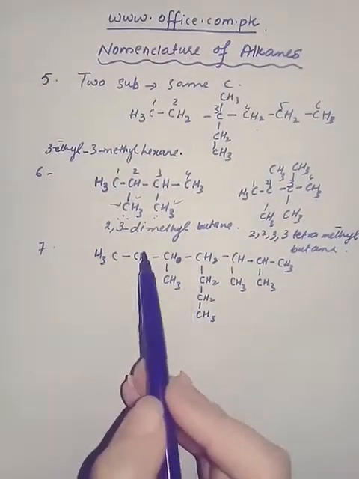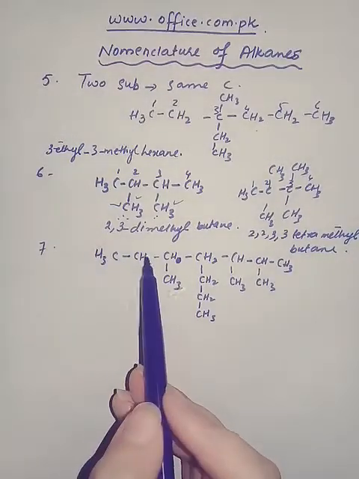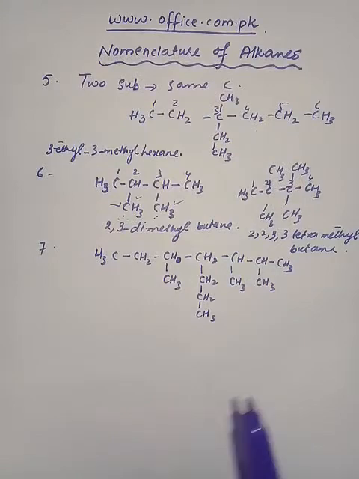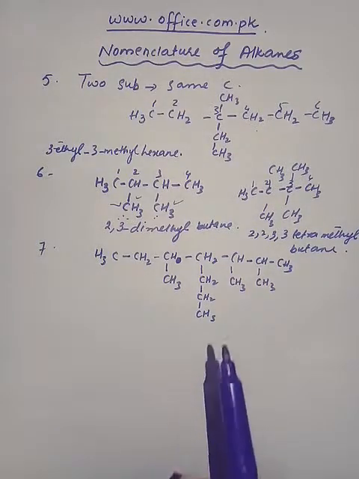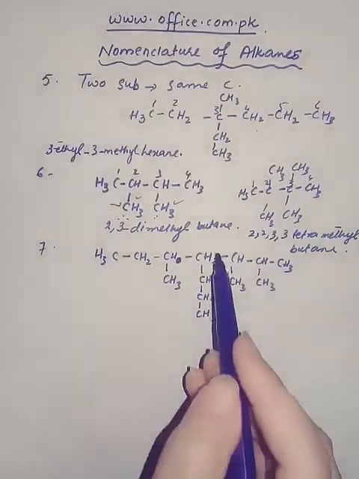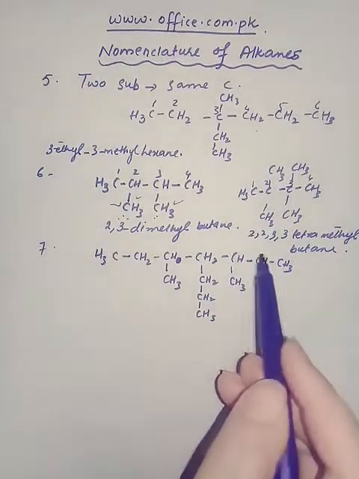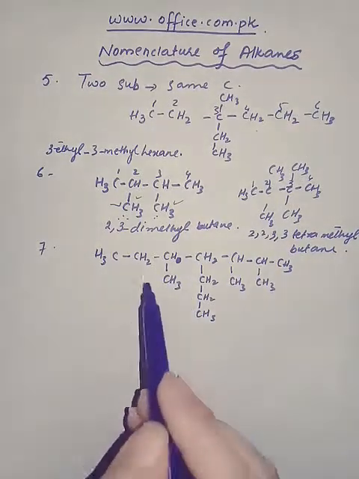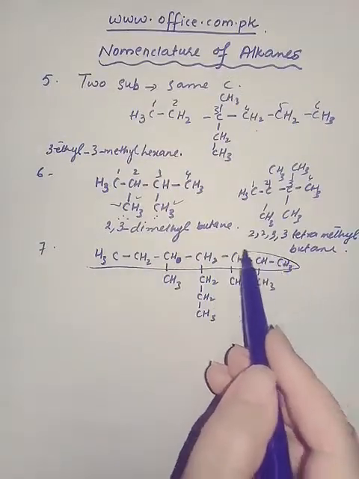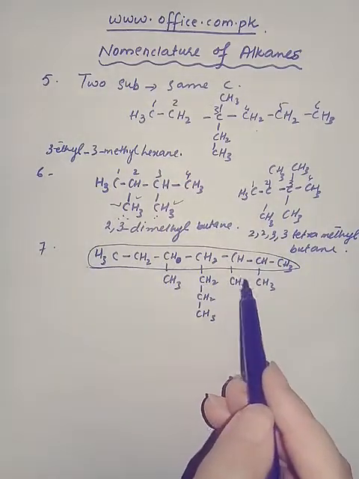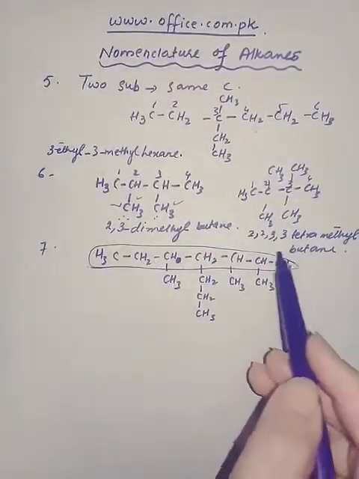Now if we count 1 2 3 4 5 6 7, 1 2 3 4 5 6 7, both have the same number of carbon atoms. But if you take this as the parent chain, this will be one group and this will be two groups. But if you take this as the parent chain, there will be 4 groups. So this will be our parent chain.